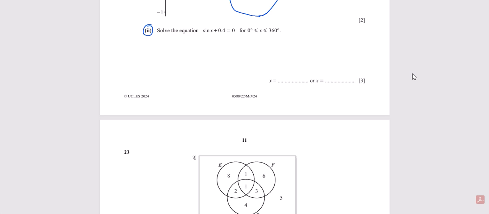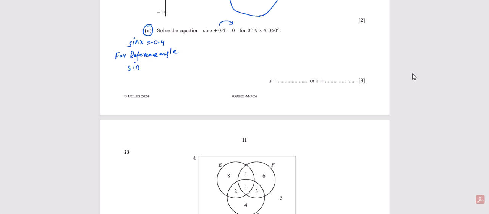Part 2. Solve the equation sine x plus 0.4 is equal to 0. So solve this one. Sine x plus 0.4, shifted to this side, it will be negative: sine x is equal to minus 0.4. For the reference angle, ignore the minus sign.